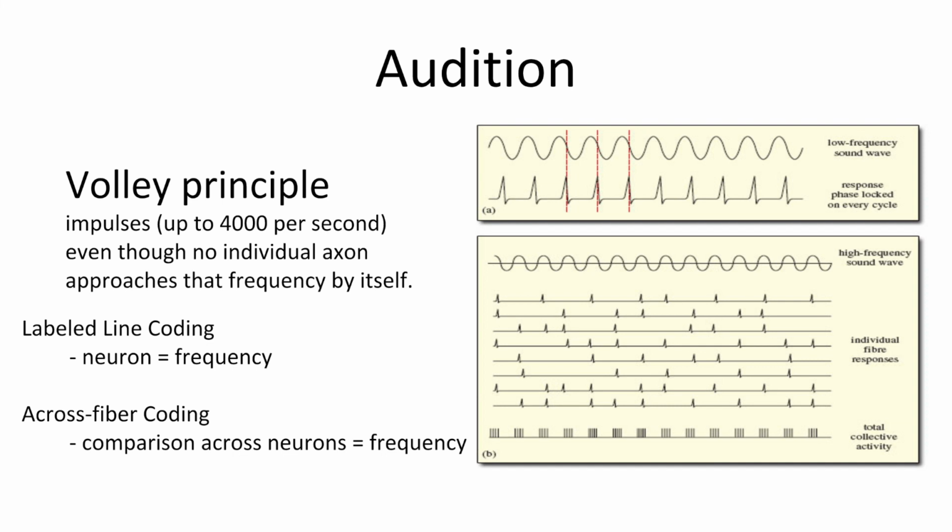But of course, we know that that's not the case. In the case of auditory processing, it's thought that there's some combination of labeled line and across fiber. That is, maybe some neurons do respond according to the frequency theory and communicate a specific piece of information, whereas in other cases, groups of neurons may combine their information across fibers.